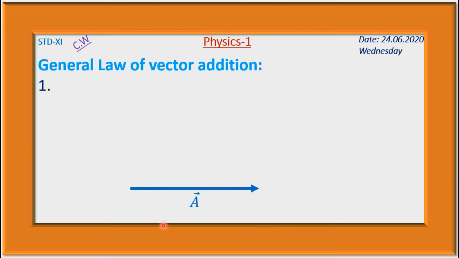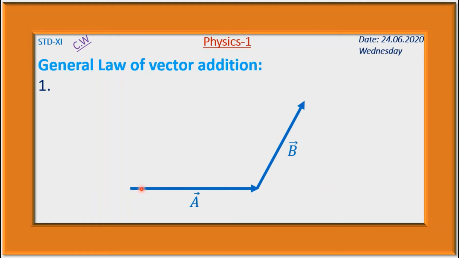This is a vector, here a vector, and this is the head of the vector and this one is the tail of the vector. Now we will connect the head of the first vector with the tail of the second vector. Here the tail of the second vector is connected with the head of the first vector.